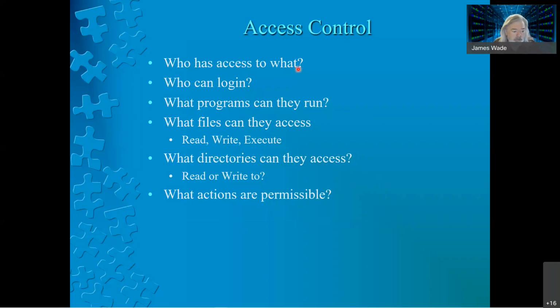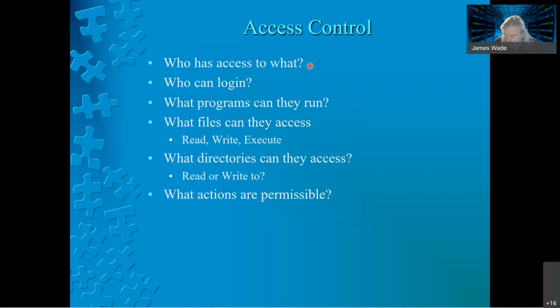But whether in Unix or Windows, we're always going to define access control and what you can and can't do. Who has access to what? Access means who has access to log into the machine. And even once they're logged in, what is their account type? Are they just allowed to access some minor files?